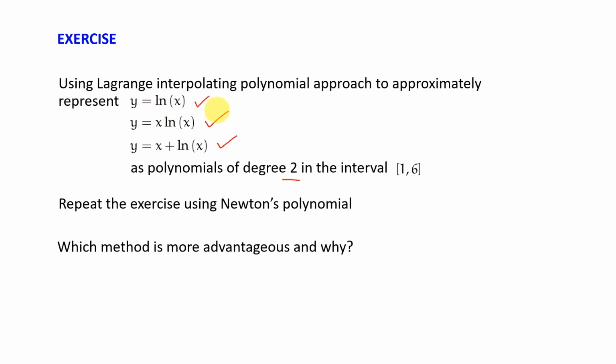The first case you already know the solution, so all you have to do is the second and third cases. Then repeat the same example with Newton's polynomial, think about it, and comment on which one is more advantageous here. I also urge you to plot all the functions along with their interpolated polynomials to see how well they are matching.